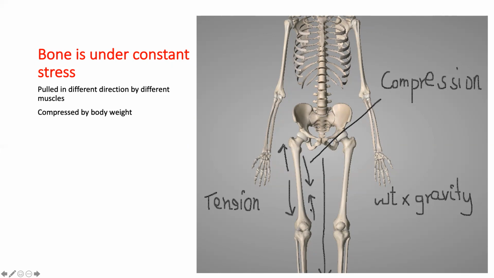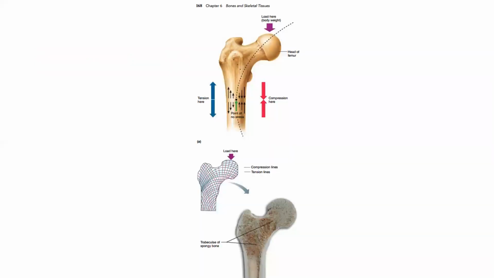And therefore, when we are standing, the outer surface of the femur is under tension, and the inner surface of the femur is under compression. So I want you to remember that the bone is always under constant stress.